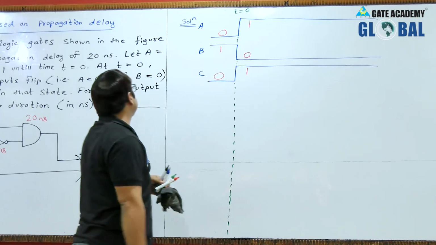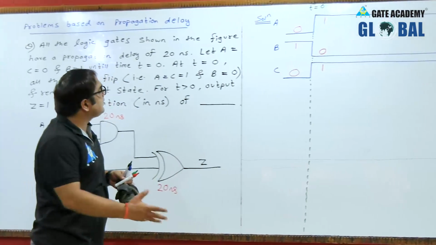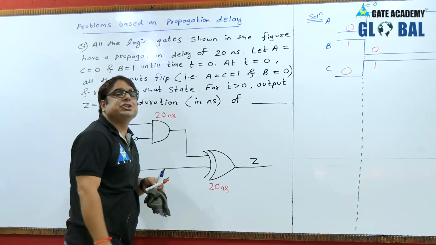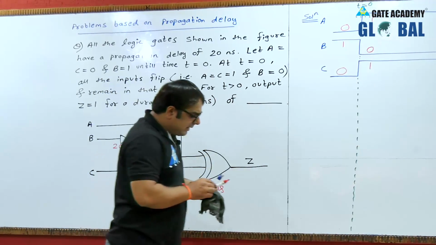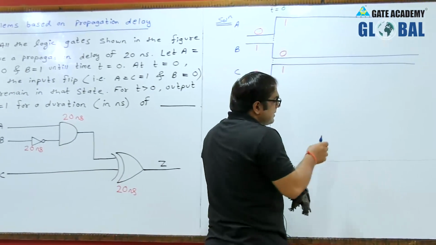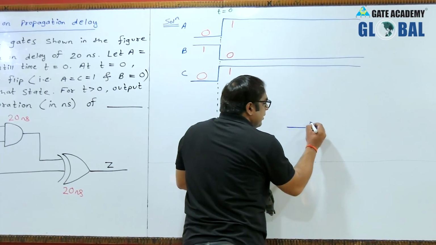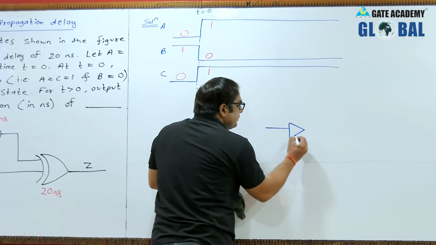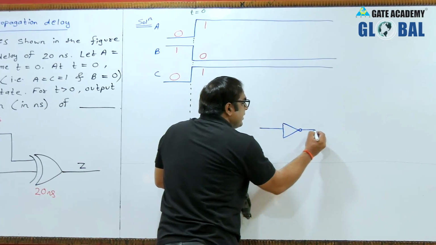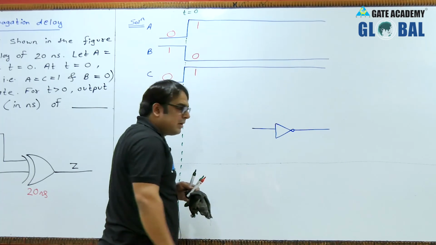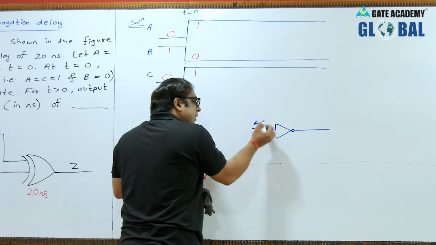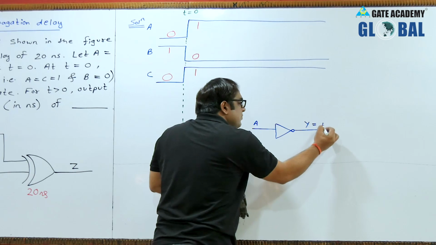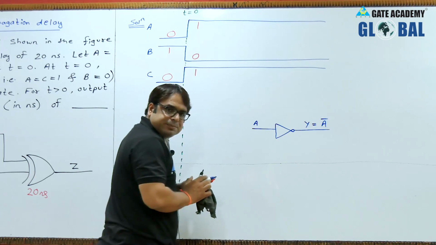Now we will discuss in very basic what actually is the propagation delay. So let me consider an example. Just consider a simple NOT gate with the input A, and let's say output is y is equal to A complement.